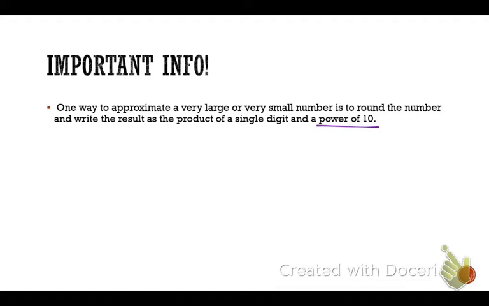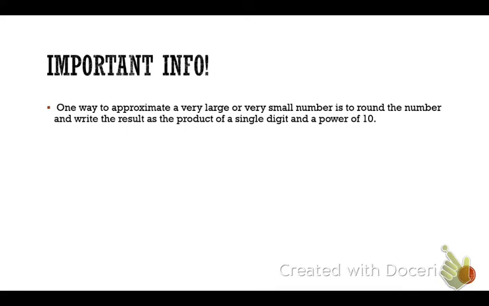Once you get up to 10, it bumps up the next digit by 1. For example, 10 ones equals how many tens? 1 ten. 10 tens equals how many hundreds? 1 hundred. 10 hundreds equals how many thousands? 1 thousand. So that's why we have a power of 10.